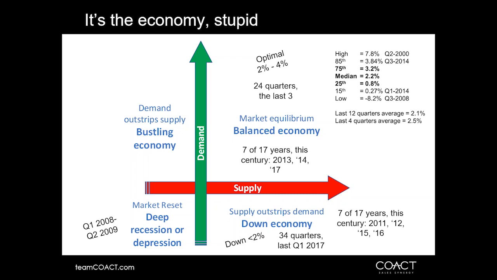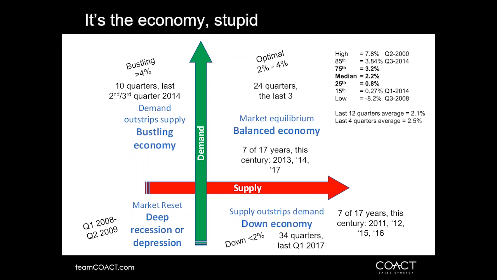It's happened 10 quarters out of the last 68 this century. The last quarters consecutively were the second and third quarter of 2014. And as you can see, 15 and 16 had a really difficult time maintaining that growth pattern or even coming close to it, and went down below 2%.